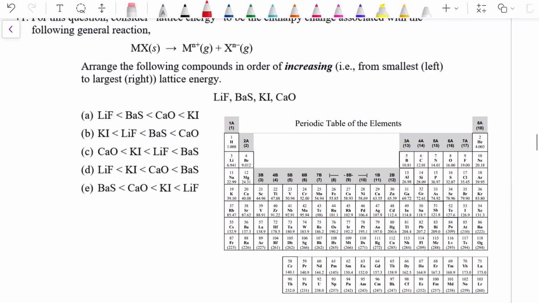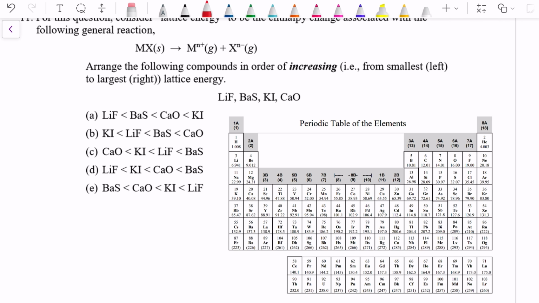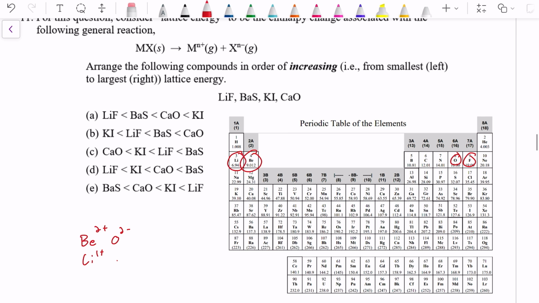So let's see here. My example for that one would be if you had beryllium, which is a 2+ in its ionic form, and oxygen, which is a 2-. That lattice energy is going to be way more than whatever lithium 1+ F1- would be. I think this is the main thing that's going to determine lattice energy.